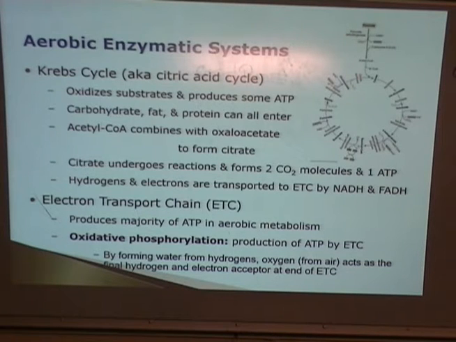I get a little bit of hydrogen that gets fed over here. But if I'm using fat, and I've got, I don't know, let's say 8 acetyl-CoAs, then I've got 8 cycles, I've got a lot more hydrogen coming across to the electron transport chain and creating ATP.